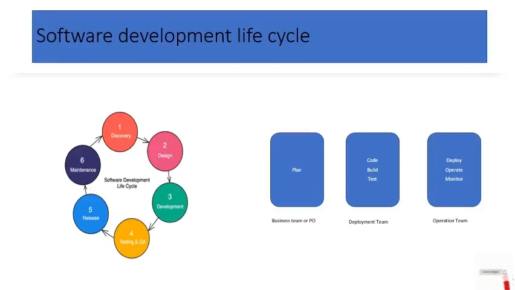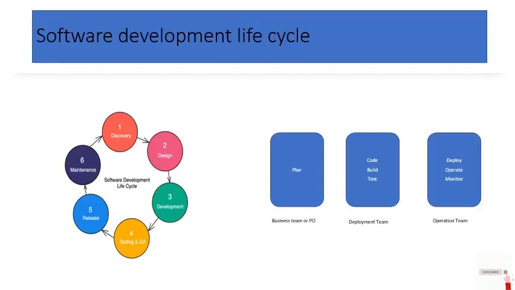They code, build and test the product, and then at the last we have the operation team. The main work of the operation team is deploying the code, and server monitoring and operating. So right now we can say that we have three different teams working on the development of a particular product.